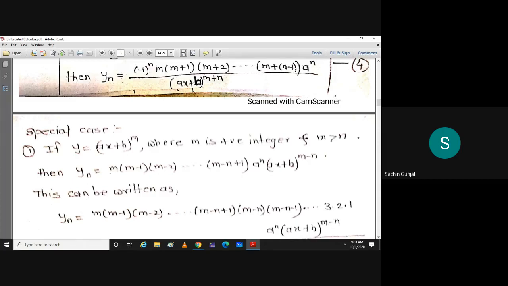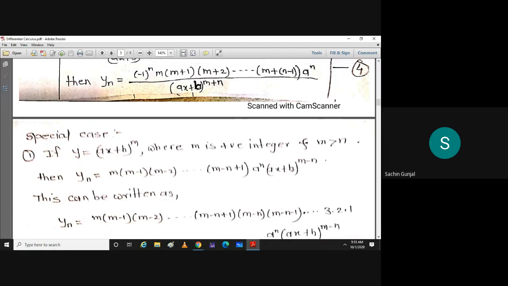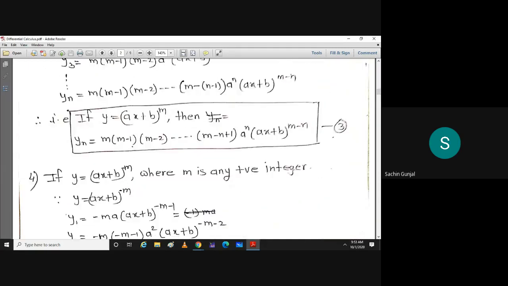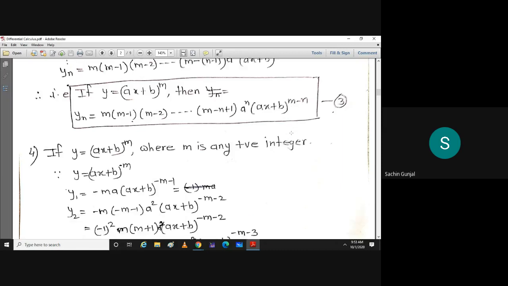We have already derived this formula last time: m into m minus 1 into m minus 2 and so on, into m minus n plus 1, into a raised to n, ax plus b raised to m minus n. For any m, it is m into m minus 1, m minus 2, and so on, m minus n plus 1, a raised to n, ax plus b raised to m minus n.